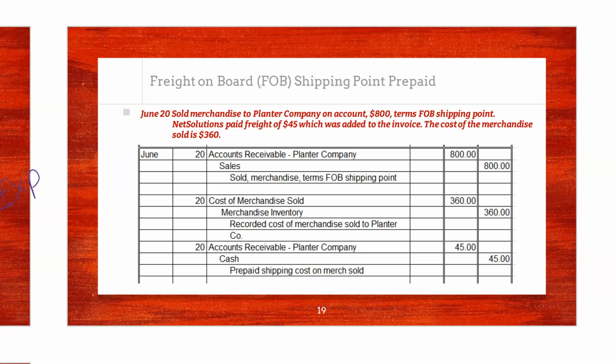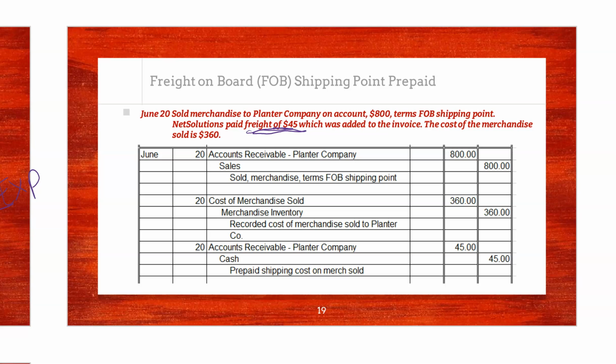This last piece where we paid the freight for them, but it was added to their invoice, is going to look different than any other accounts receivable transaction we have ever done. Normally when we debit accounts receivable, we would never credit cash, because we use accounts receivable as another form of payment. This is unique, because we're paying it out of our pocket, but somebody owes us that money.